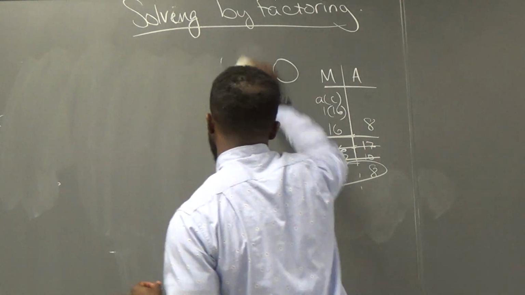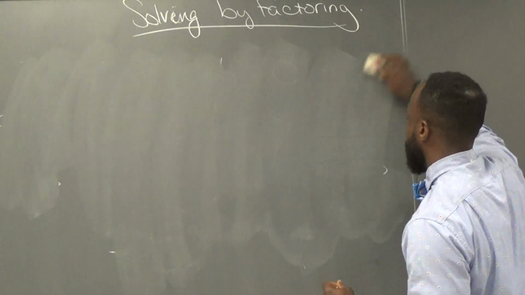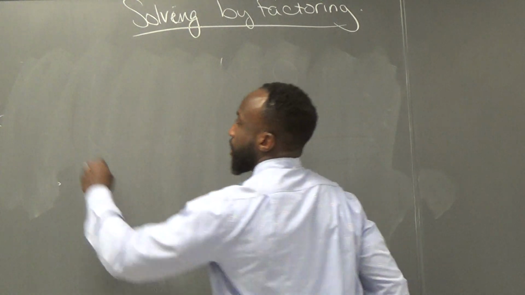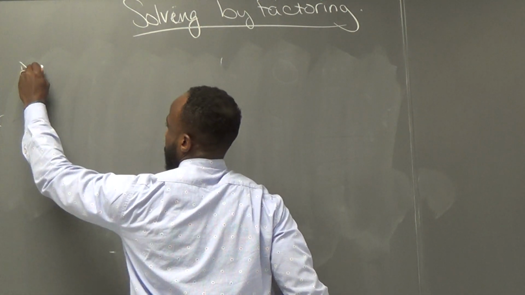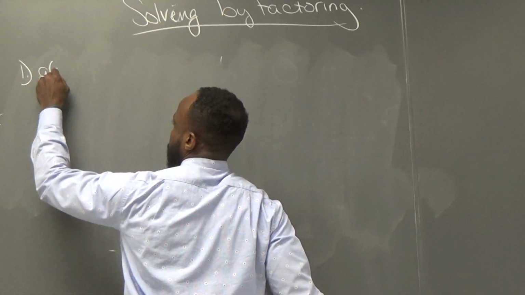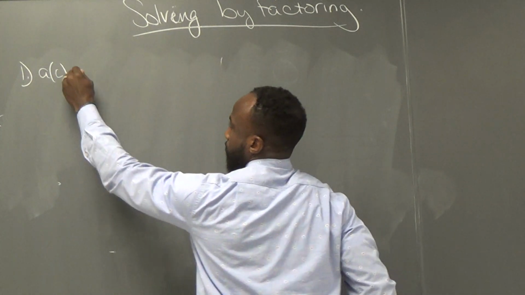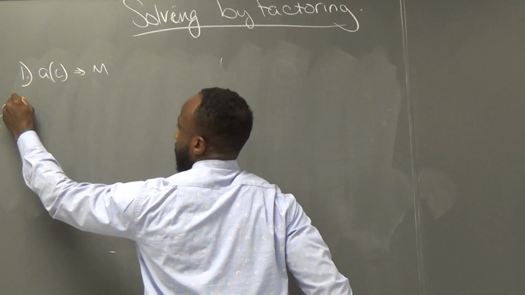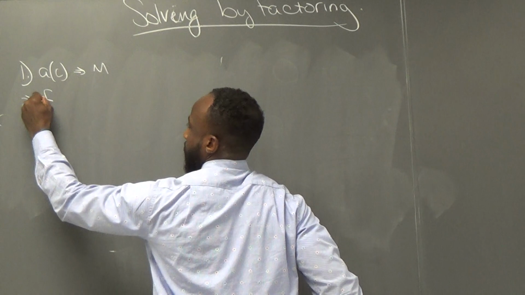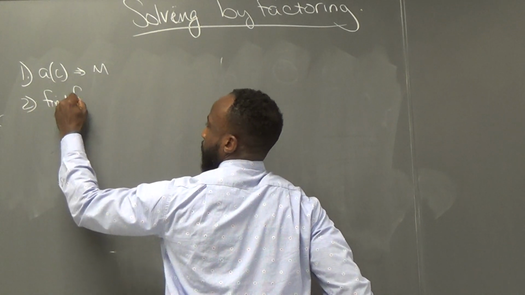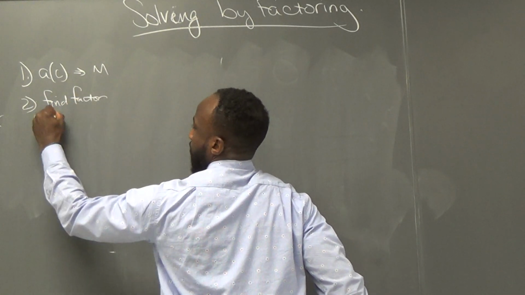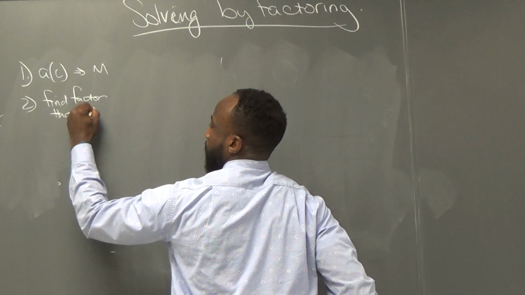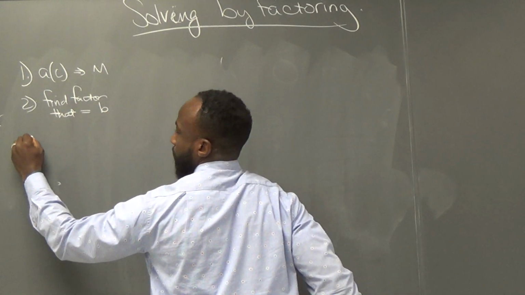Okay? So now I need a question with an a value that's greater than 1. So the first thing we have to do is find a and c, right? Multiply a and c to get your m. And then the second thing you do is find the factors that equal the b term.